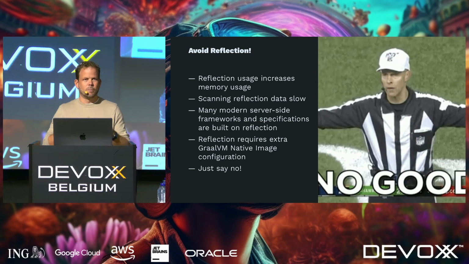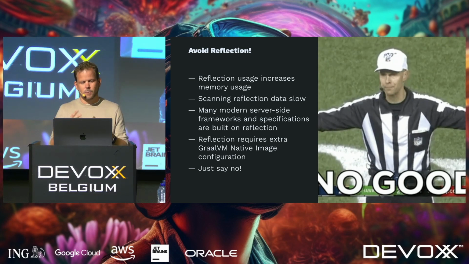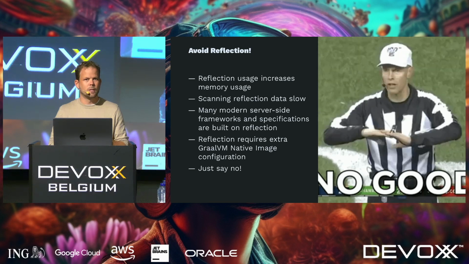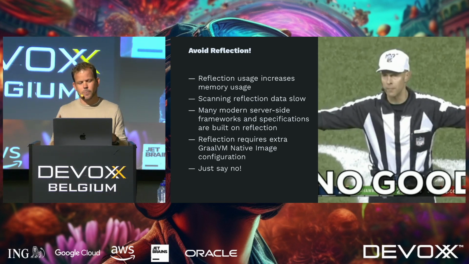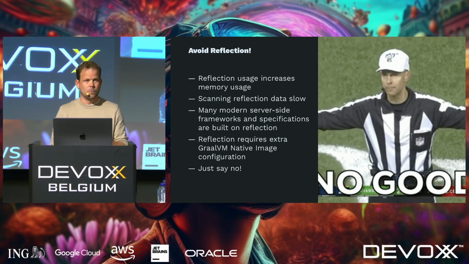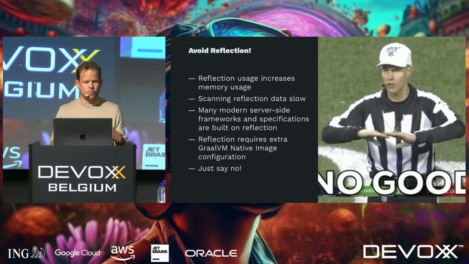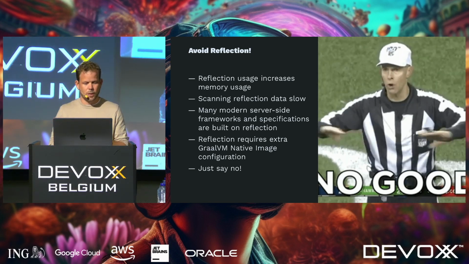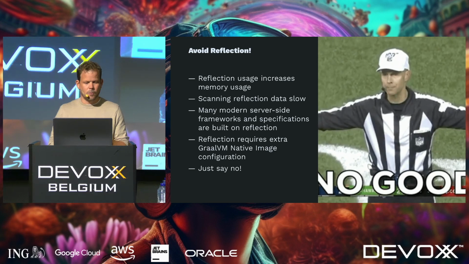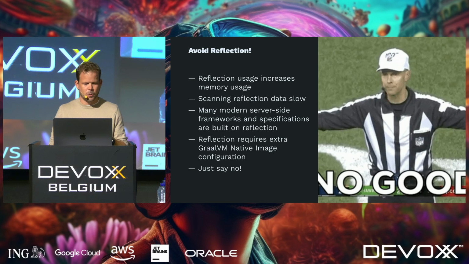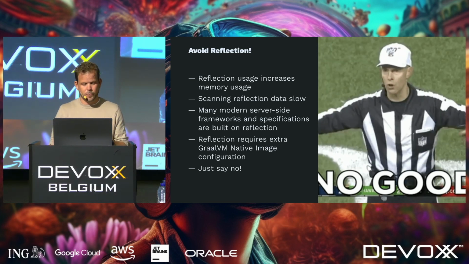So when we looked at building Micronaut, the solution we came to was to avoid reflection and see what that looks like. We built prototypes, and sure enough, we were able to reduce startup time and reduce memory consumption significantly. Architecturally, it's very different from the way traditional frameworks work, which are built around reflection.